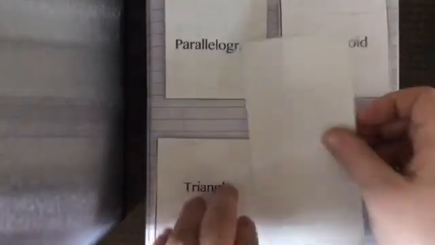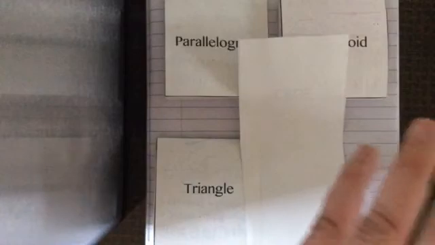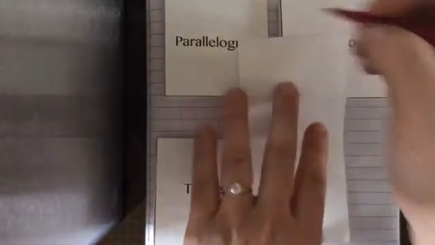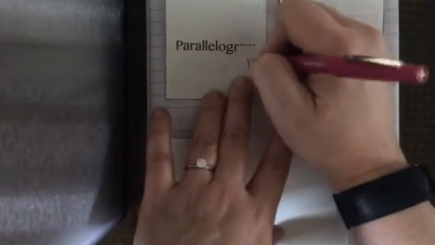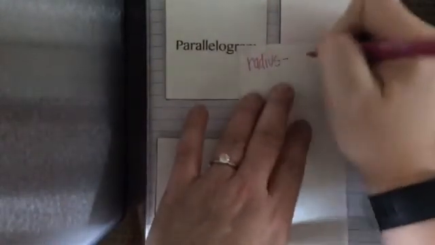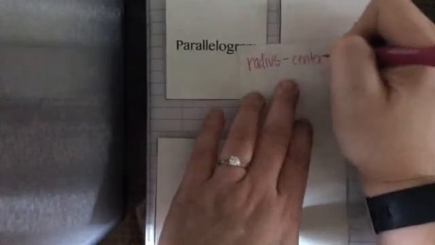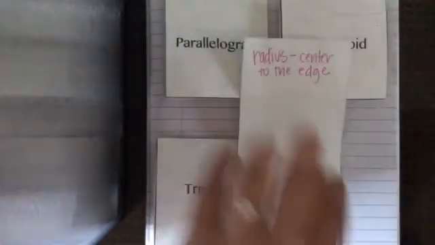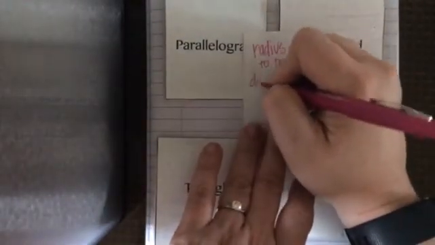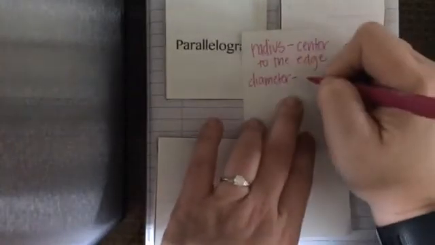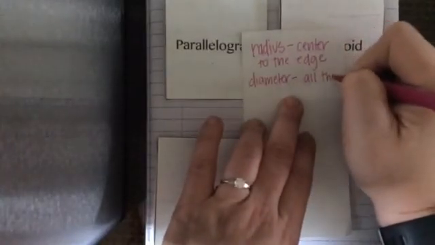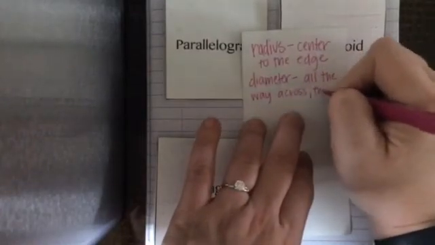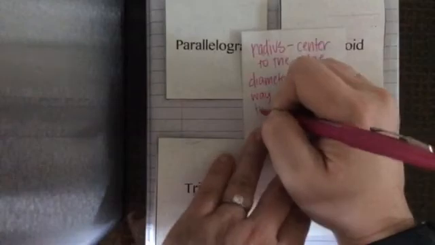Circle has no sides, right? It's perfectly round and beautiful and fantastic. A circle has 2 measurements. A circle has a radius, which is from the center to the edge, and it has a diameter, which is all the way across, but it has to be through the middle.